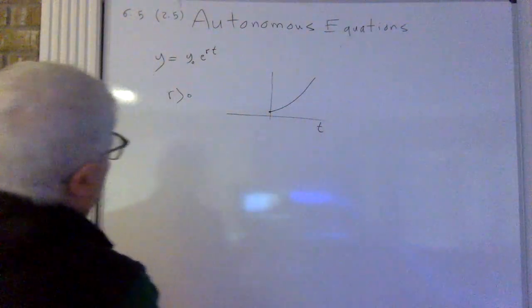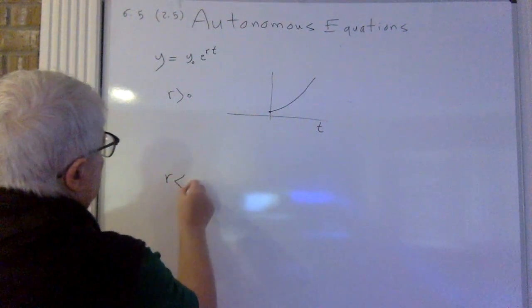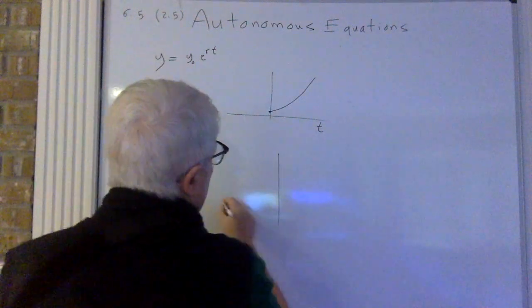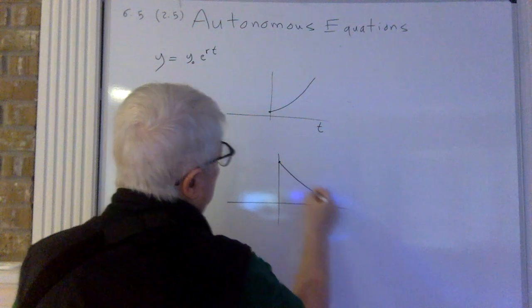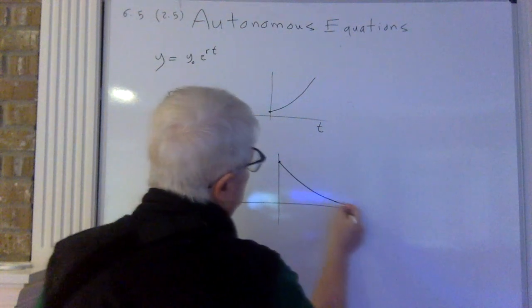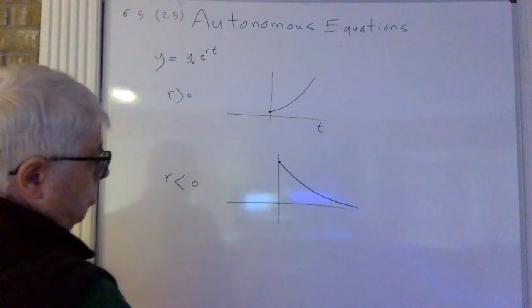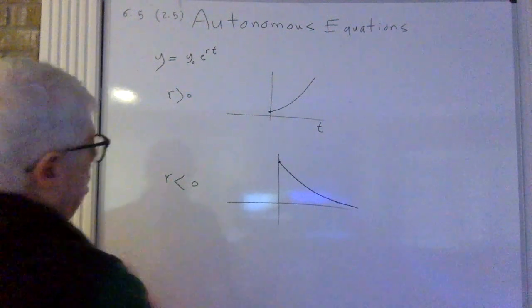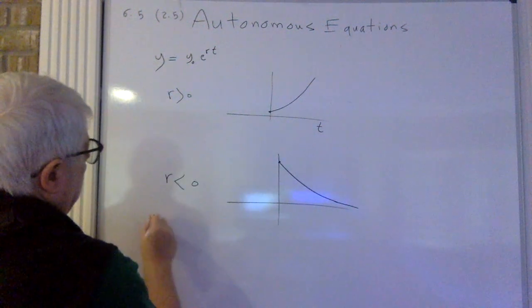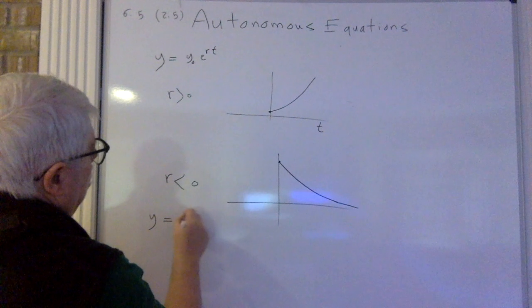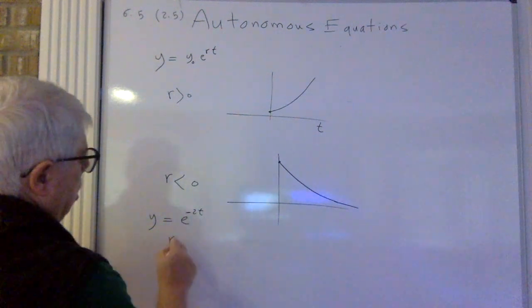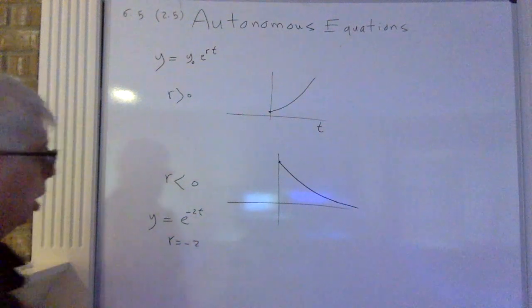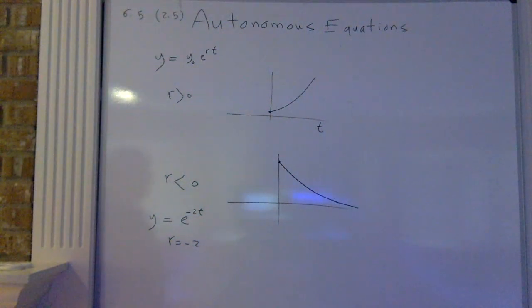Now let's look at r less than 0. This one starts somewhere and then goes down and goes to 0 basically. Let me give you an example, a simple one. It's e to the power minus 2t, right? So this r here is minus 2, and the y0 is 1.